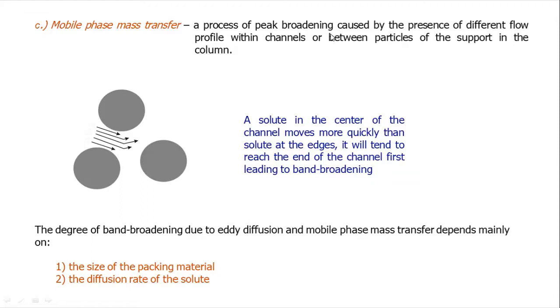So, of course, for those solute nga naa sa tunga mo agi, mas paspas siya compare sa edges siya mo agi. So, it will lead to band broadening. So, the degree of band broadening due to eddy diffusion and mobile phase mass transfer depends mainly on the size of the packing material and the diffusion rate of the solute.